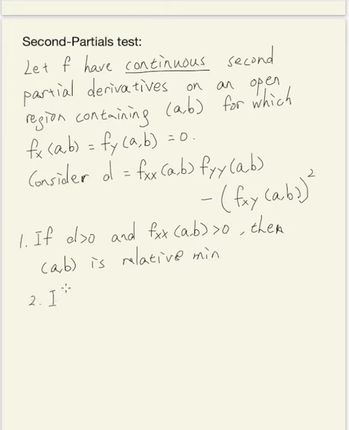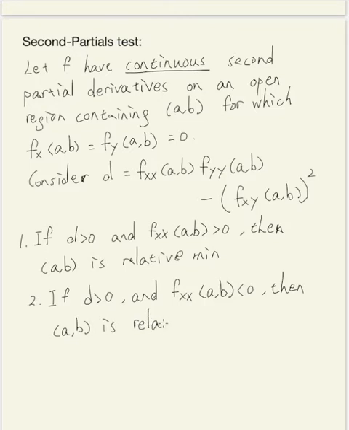Second, if D is larger than 0 and fxx is smaller than 0, then (a,b) is a relative maximum.